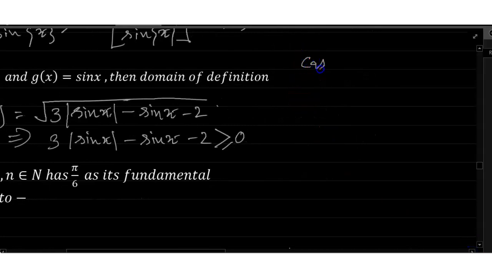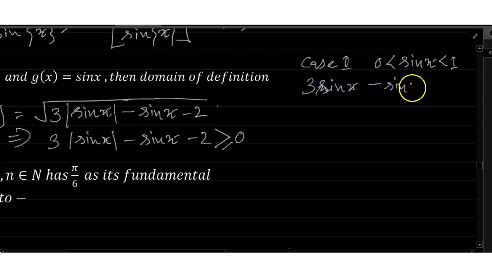So case 1: 0 sine x. So 3 sine x minus 2 greater than or equal to 0.